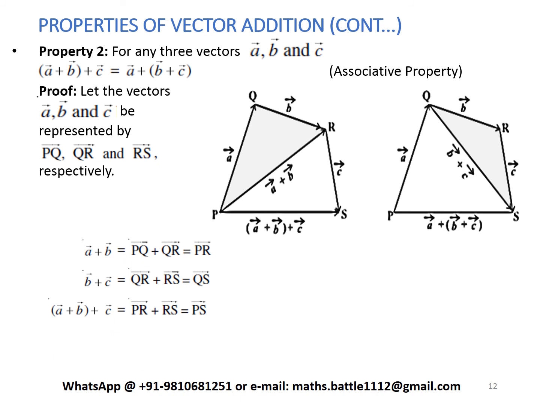So A plus B is equal to PQ plus QR is equal to PR. B plus C is equal to QR plus RS is equal to QS. So (A plus B) plus C is equal to PR plus RS is equal to PS.